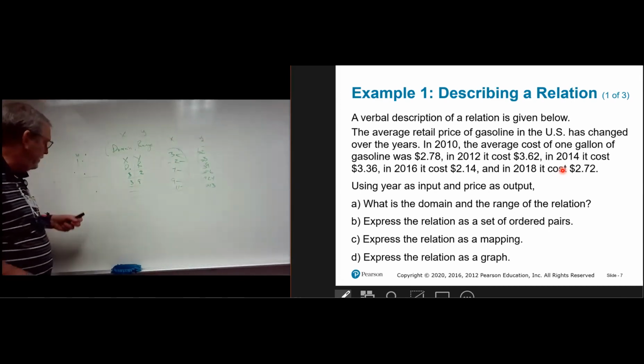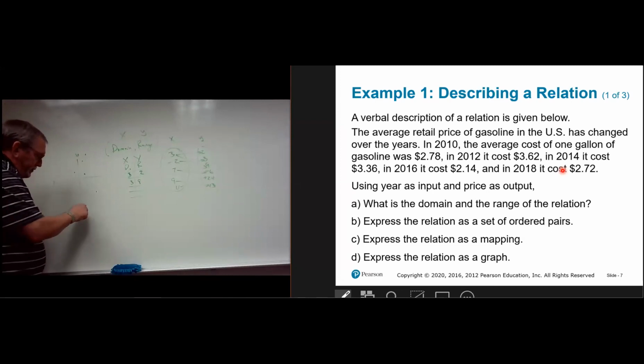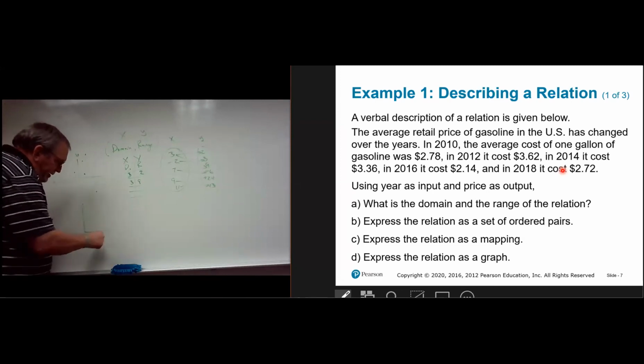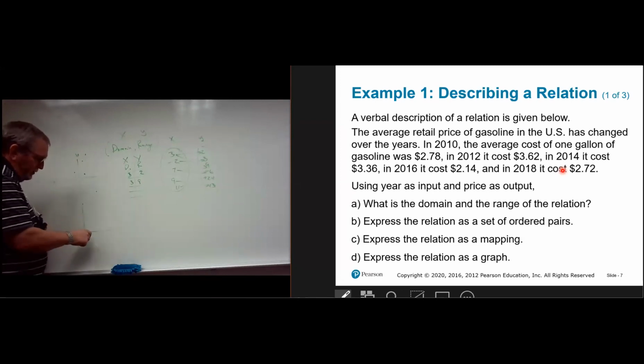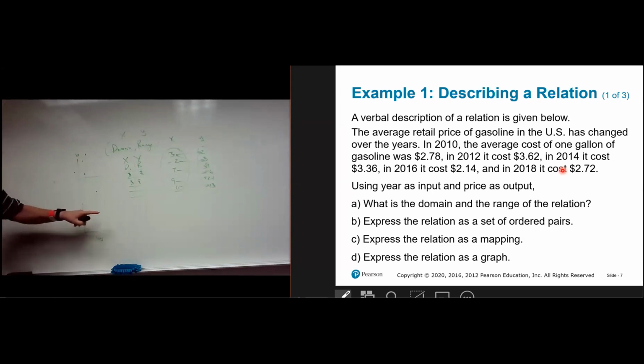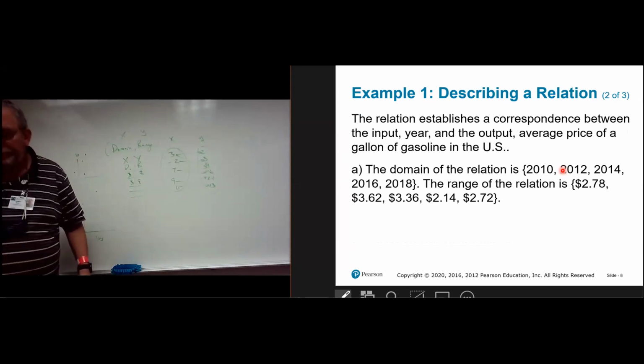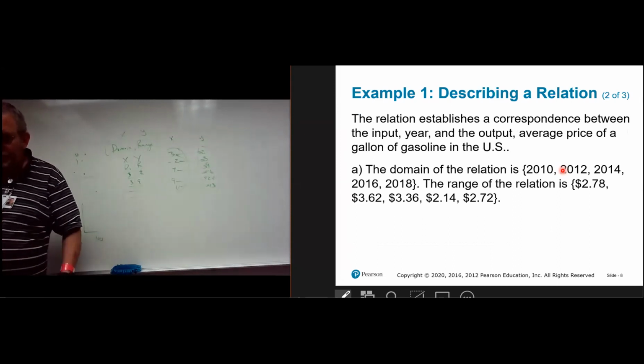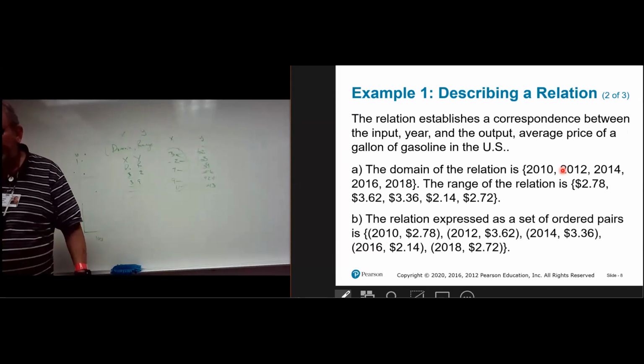So they had a graph that was just the first quadrant graph like this. So the years were down here, and the cost was over here. So they did it that way. So the domain is the years, and the range is the gas prices.